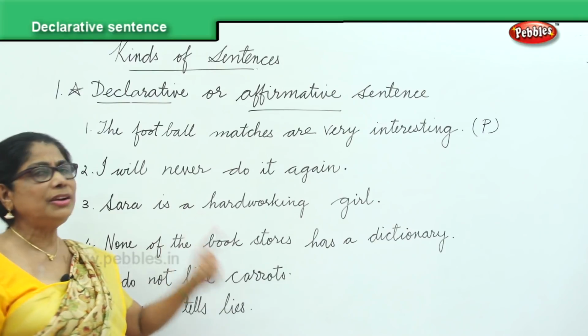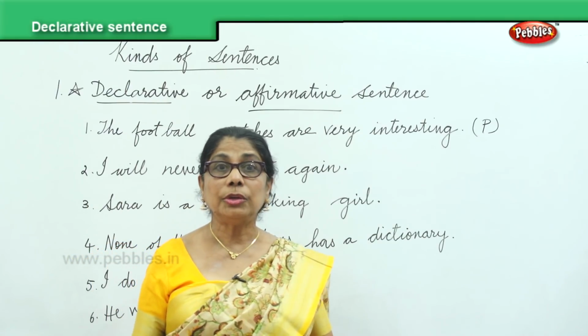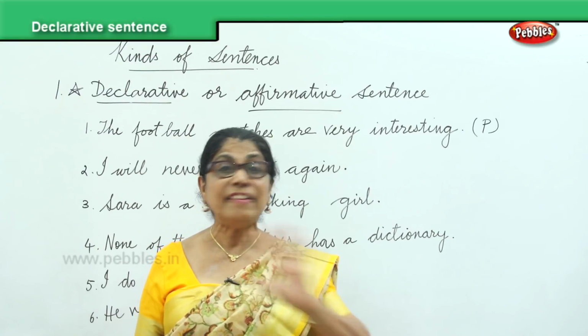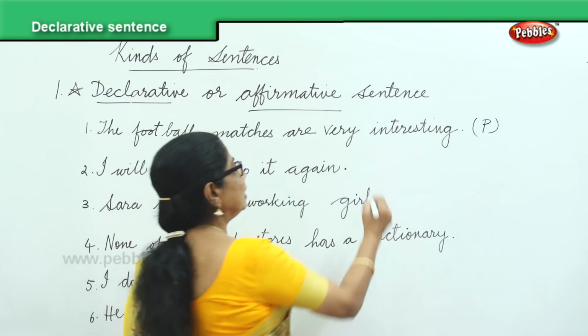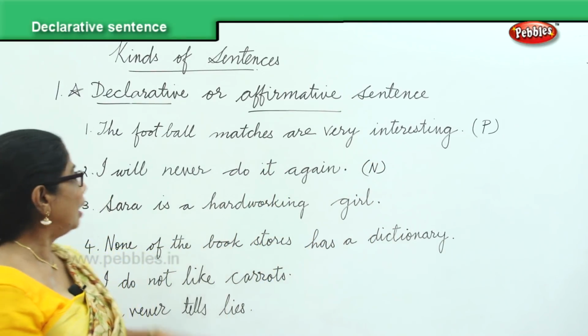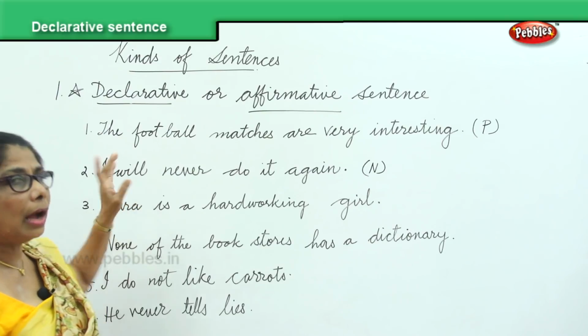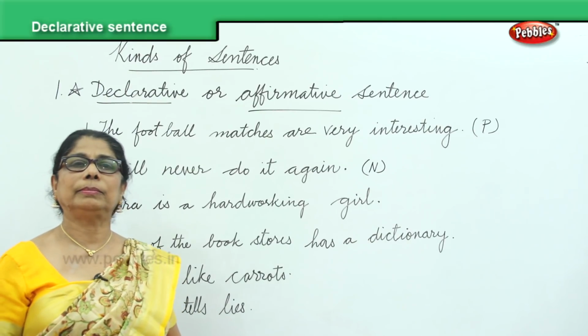I will never do it again. You are declaring, you are asserting that I will never do it again, and you have here a negative. If you change this, what will happen? I will do it again.